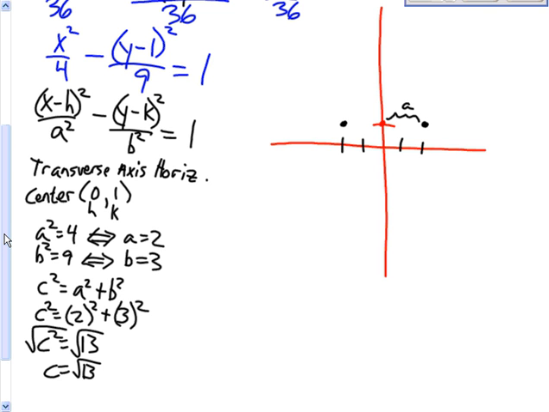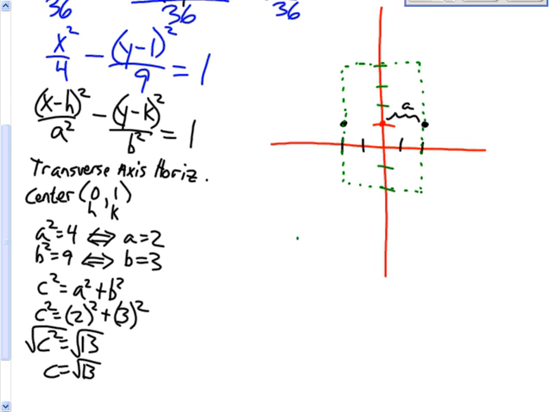Okay, let's do our distance b, which is 3, and this will help us to draw the box. 1, 2, 3 from my center, 1, 2, 3 from my center. Again, this will help us draw the rectangle to then help us draw the slant asymptotes.